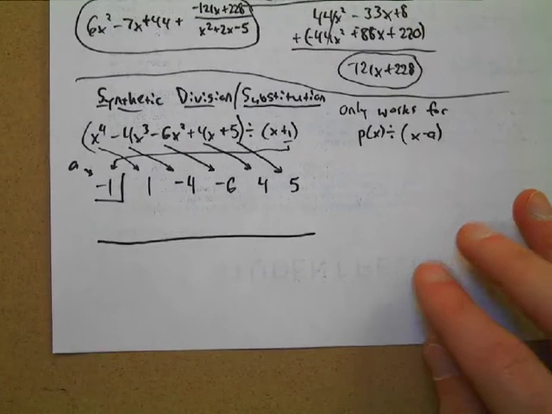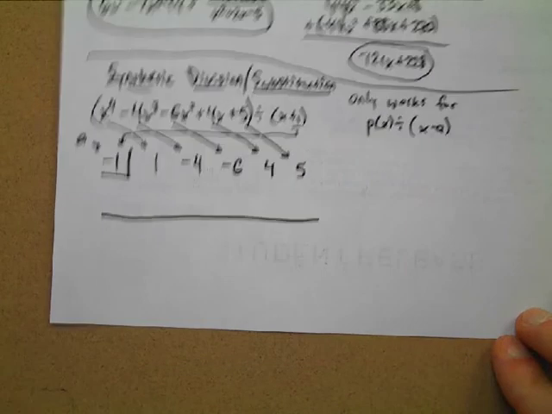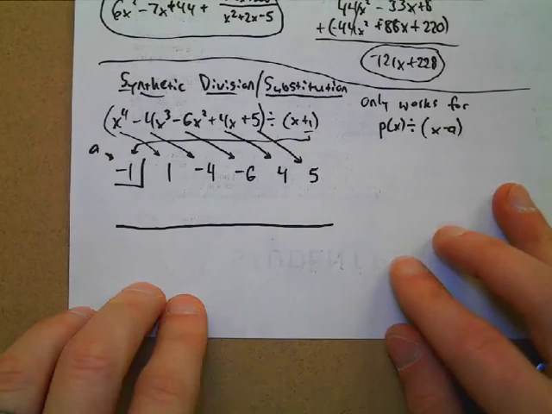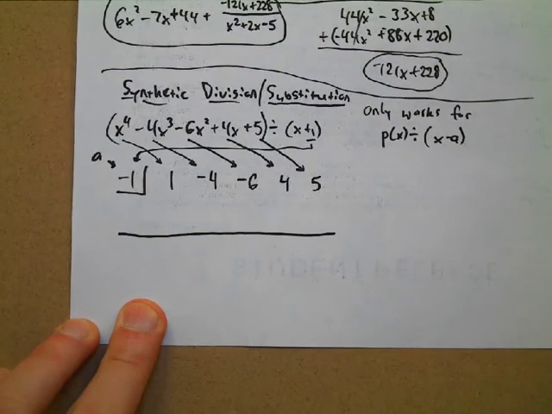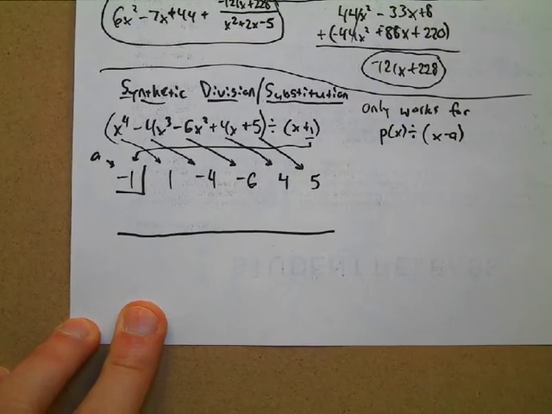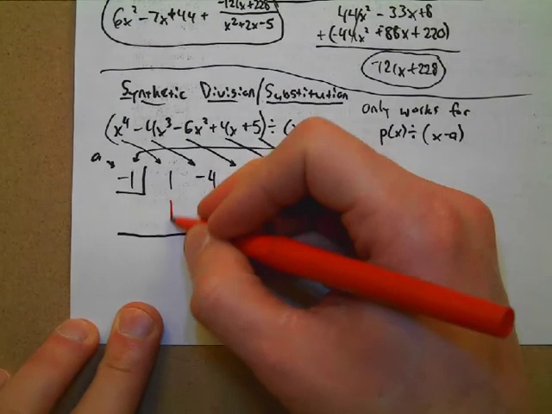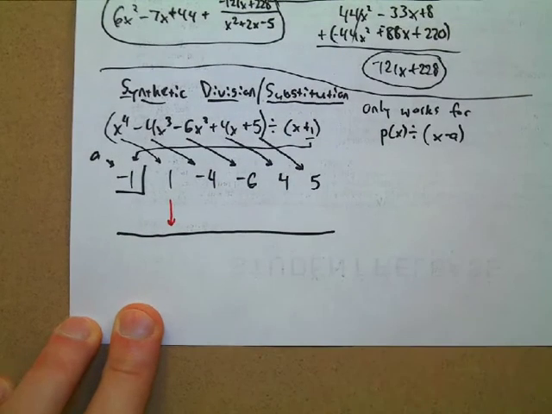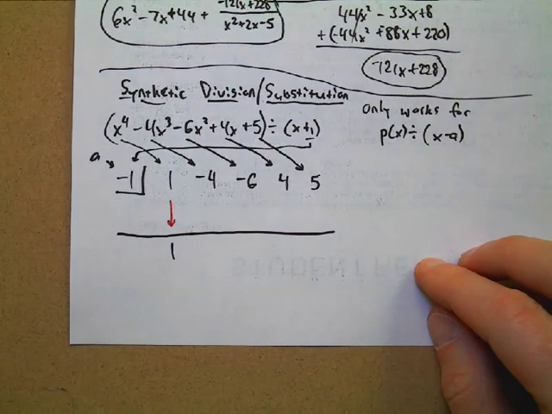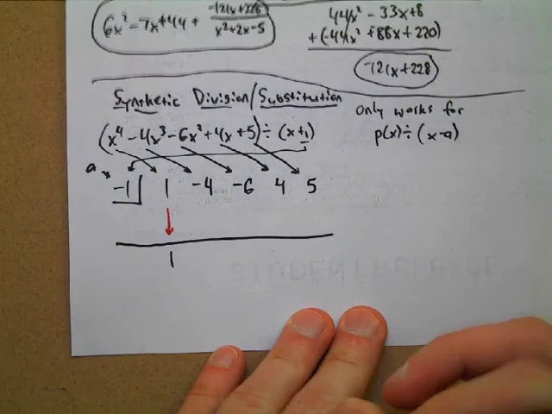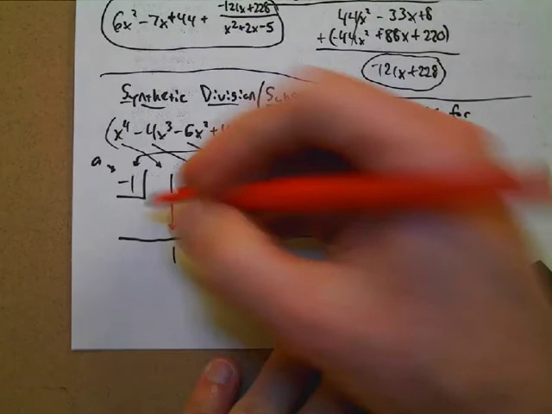And we're going to use synthetic division here to do the division. So I'll show you how it's going to work. Okay. So the first thing you do is we bring down the 1 and put that right here. So that's like the first step.